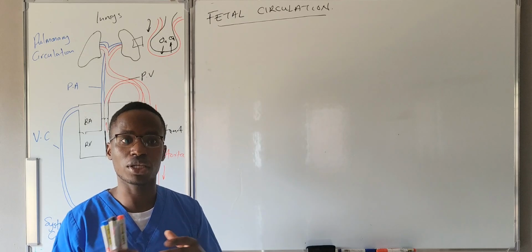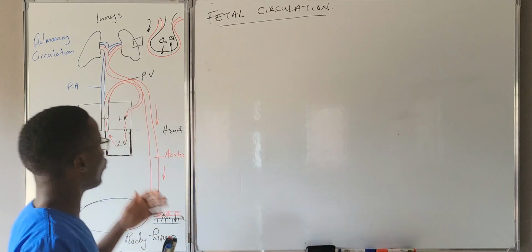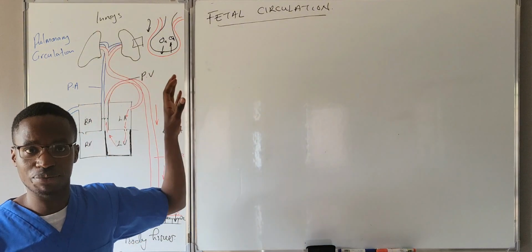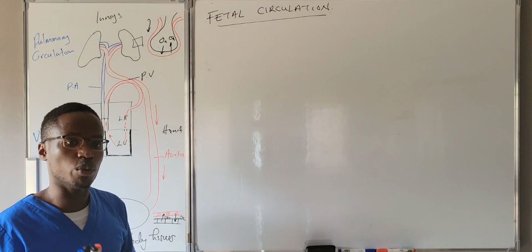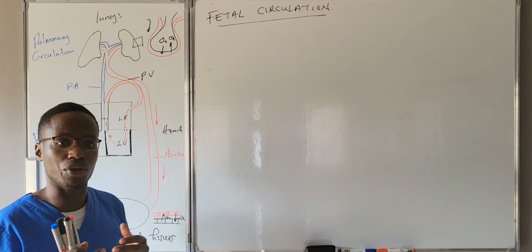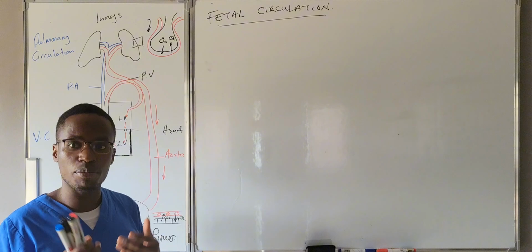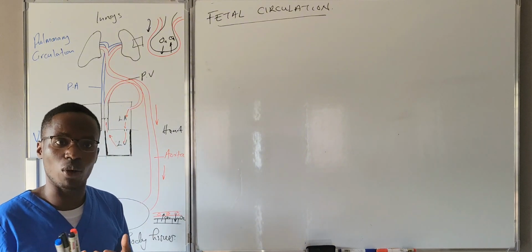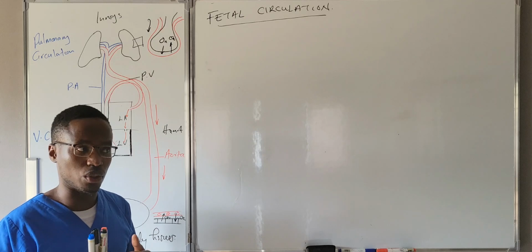Basically, the lungs are not working; they're not doing anything. So there is no need of blood going to the lungs. Blood should not go to the lungs in a baby who is still within the uterus. Why? Because the lungs are not working, because the baby is not yet breathing on its own. It's not yet outside the uterus, so it can't breathe on its own.